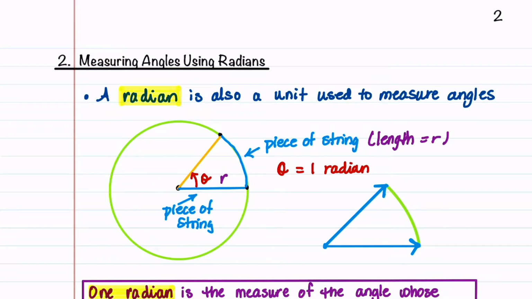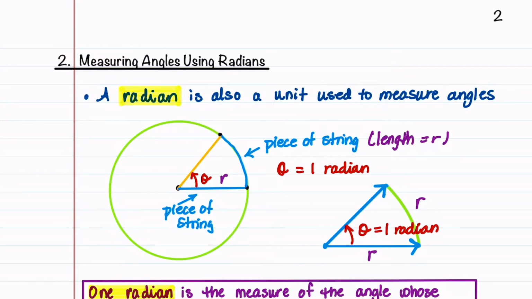Let's summarize this in this diagram. So in this diagram, we have an angle, which we'll call theta. We have the radius, which we'll call r. And we'll say that theta is 1 radian, which means that the length of the arc is also r.